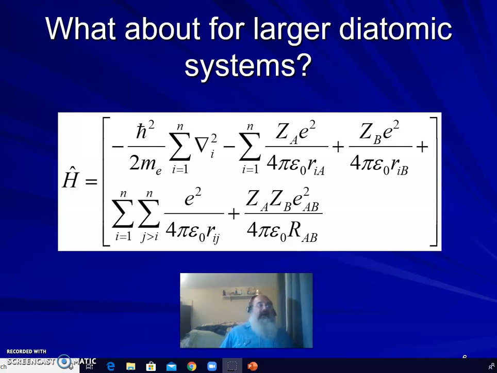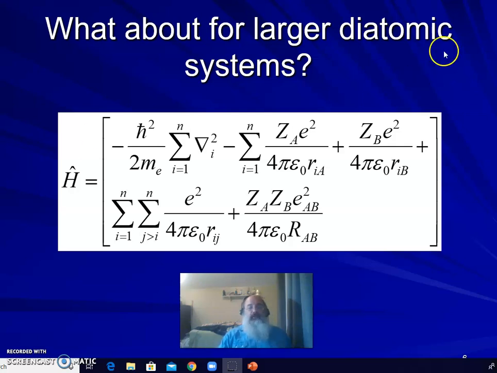We'd be thinking of an electron 1 versus 2 repulsion term, and then a 2 versus 1 repulsion term. And then we'd also be counting 1 repelling 1 and 2 repelling 2 and so on. So this double sum works out to be n, where lowercase n is the number of electrons, times n minus 1. So that removes the double counting of each electron repelling itself. But then we're going to divide by 2, and that will remove the double counting of electron 1, 2 versus 2, 1.